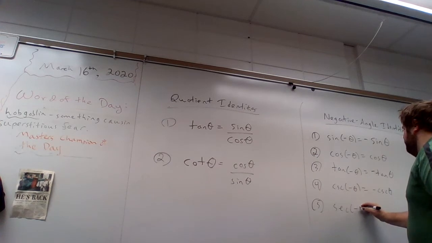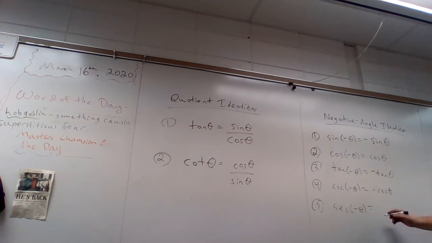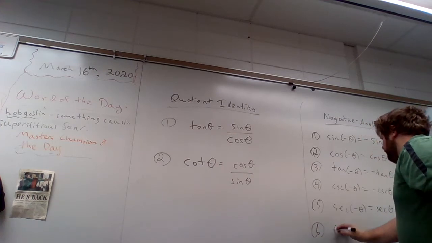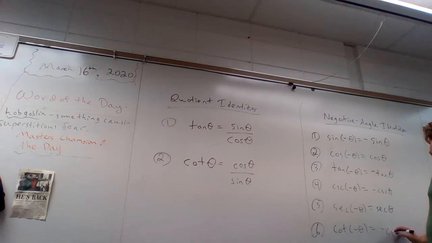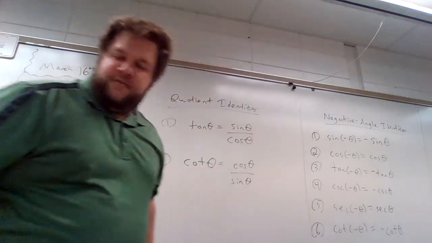Secant is also even. So cosine and secant are the two even ones. The other ones are going to be odd. So secant of negative theta is secant theta. And the cotangent of negative theta is negative cotangent. So, negative angle identities. May use them occasionally. Not as important as the other ones.